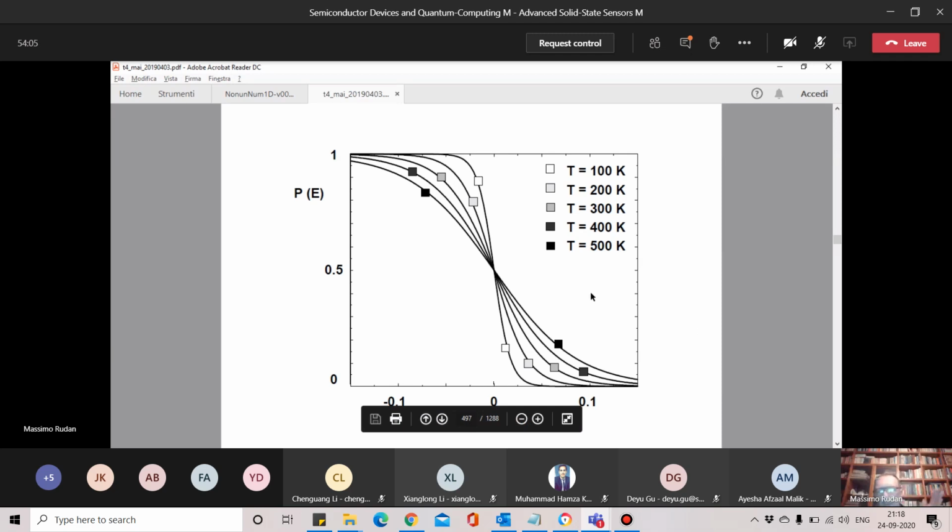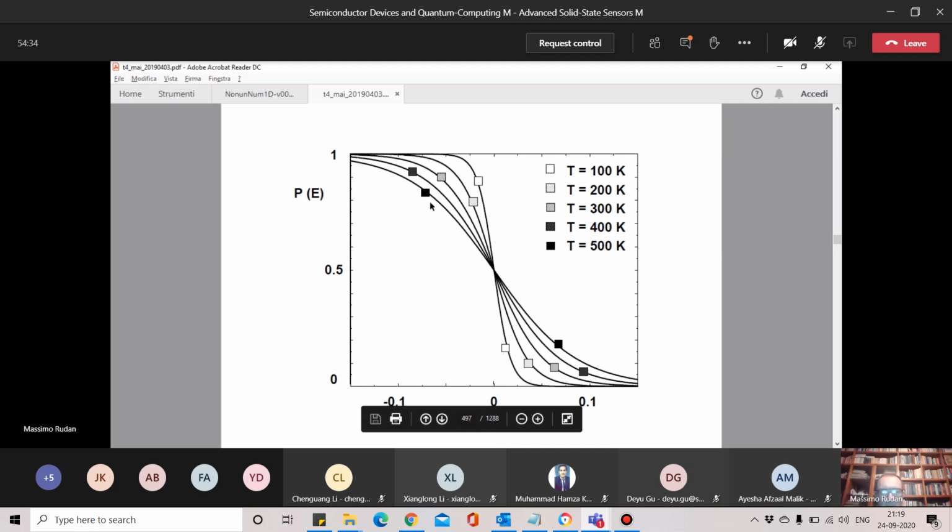Another important consideration is this. You see that the horizontal scale is normalized. But one may ask the question, how much change in energy is necessary to go from almost equal 1 to almost equal 0?